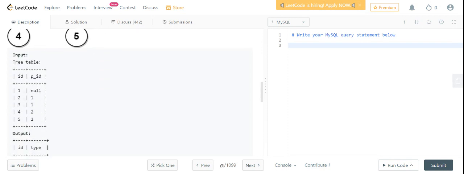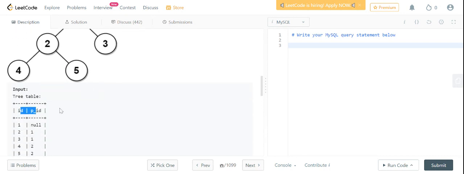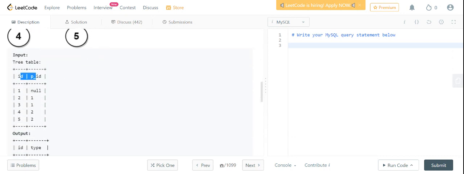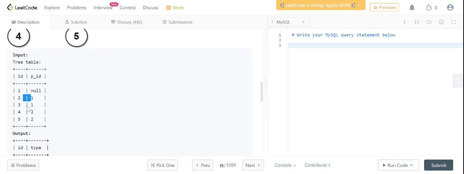Now if you look at the input, we have two columns, id and parent id. As I said, one is the root node because it does not have any parent node, so the parent id is null for one. For two, the parent node is one.